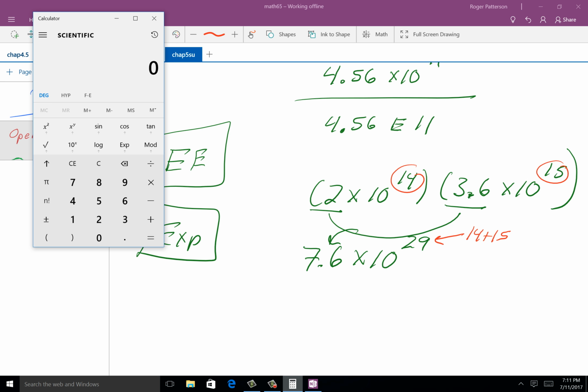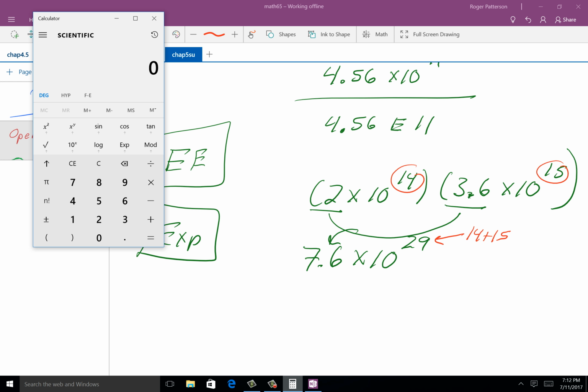You could probably go times 10 to the A to the B is the 2 to the key. 14 times 3.6 times 10 to this power 15, and 7.2, 10, 29.